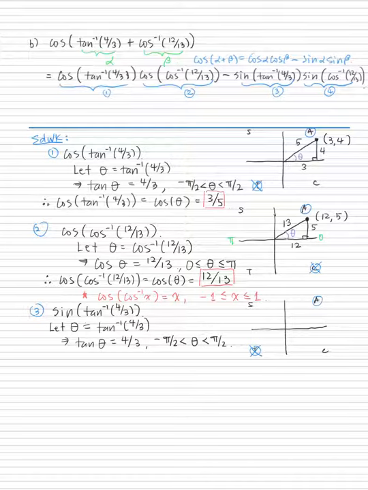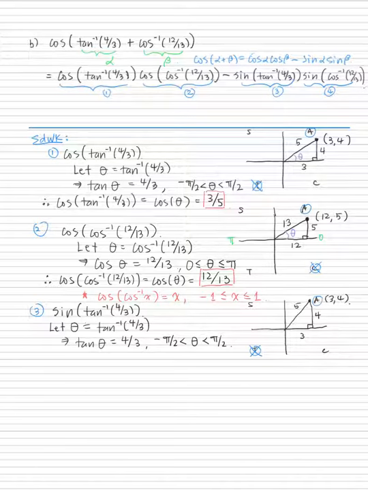So tangent is opposite over adjacent. So this is 4, 3. Well, we're going to get the same picture as circle 1 now. Do you see that?